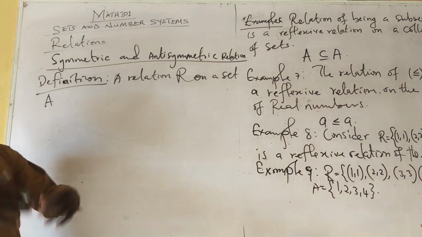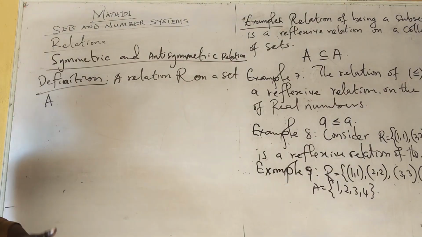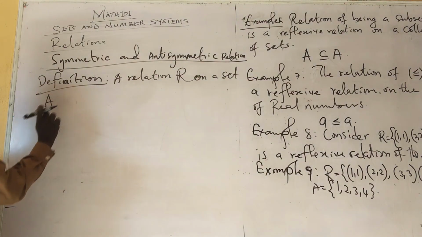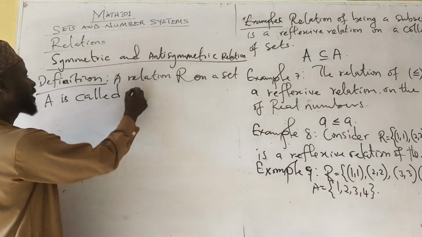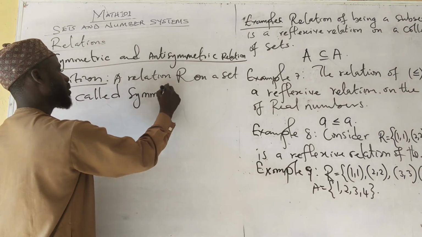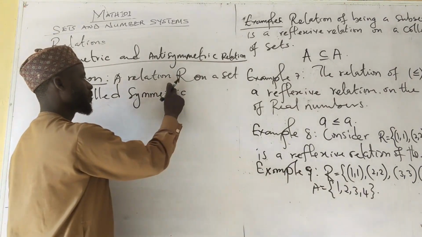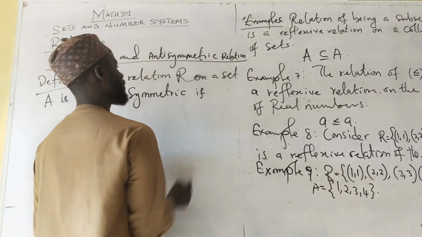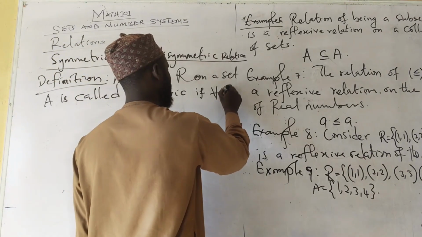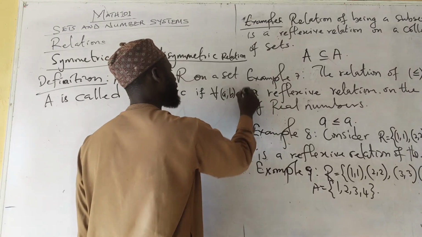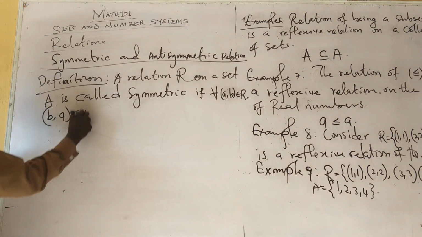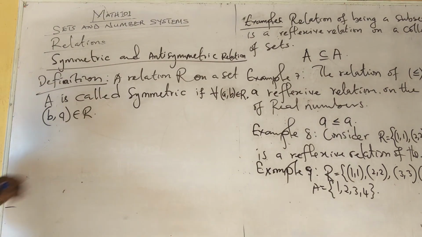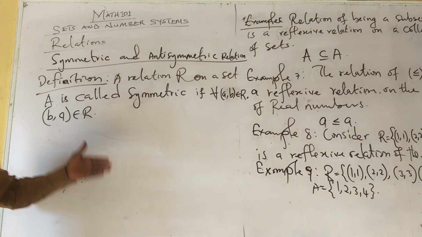A. A relation can be defined on a set or can be defined from a set to another set. So a relation R on a set A is called or is said to be symmetric if, for all (a, b) in R, (b, a) is also in R. So this kind of relation is referred to as the symmetric relation.